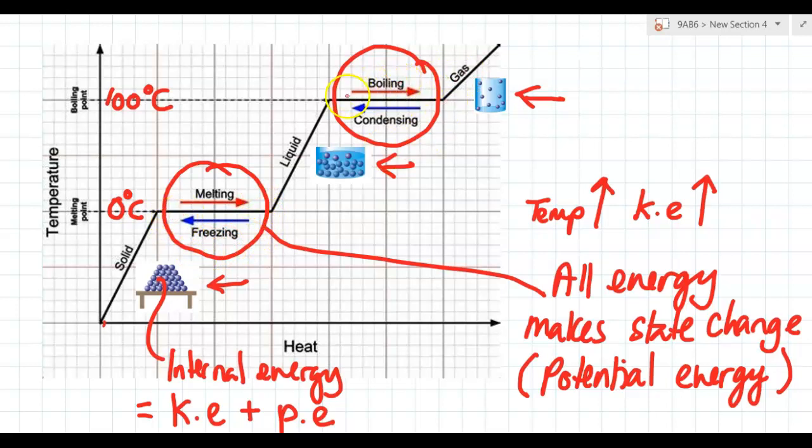You'd be correct to say that liquid water boils at 100 and water in the form of a gas condenses at 100. The flat point on the graph is a really important idea, and that is referred to as latent heat. Even though you're putting in energy, the particles are not getting hotter in terms of their temperature, but all of that energy you're adding is going into doing the state change.